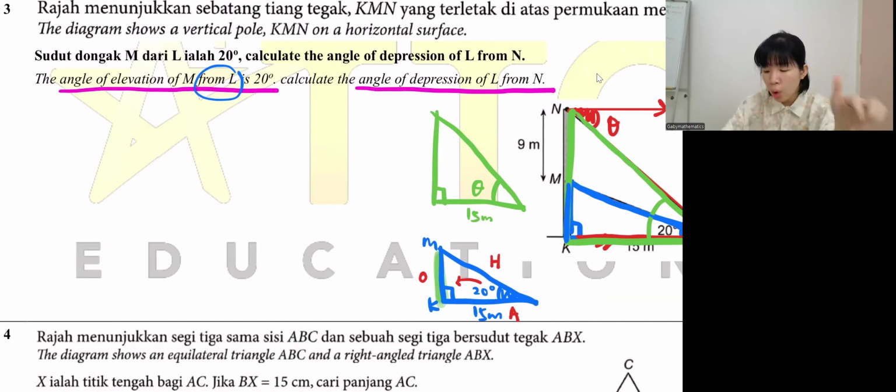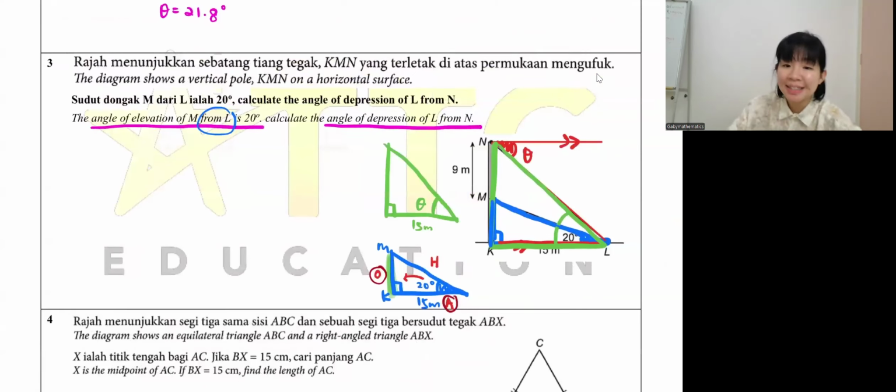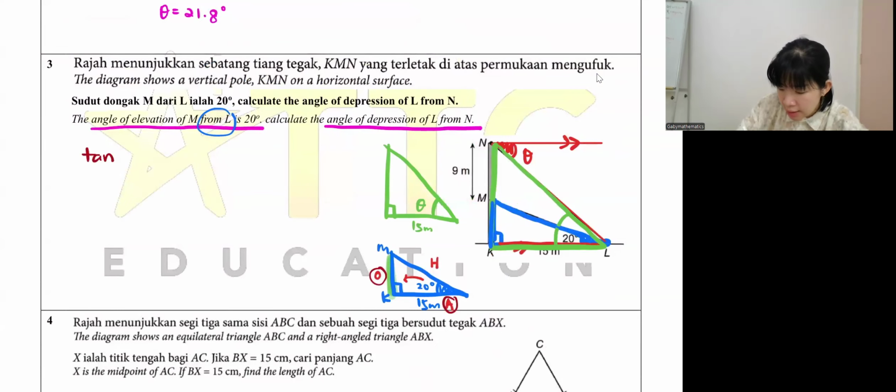Which one do you choose? SOH CAH TOA. Among these three sides, you want to find MK, so you choose O, the thing that you want to find. Then the other one, choose the one with information, the 15 meters, A. OA, tangent.